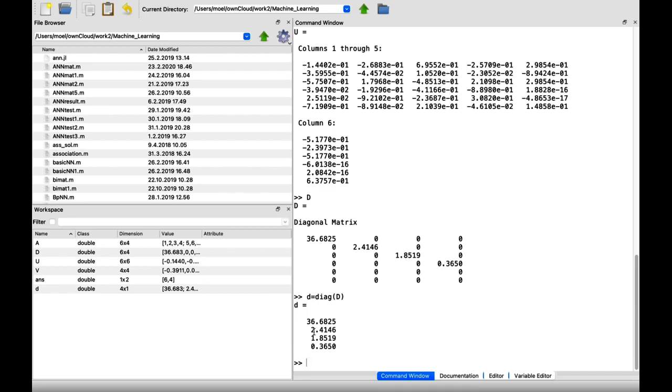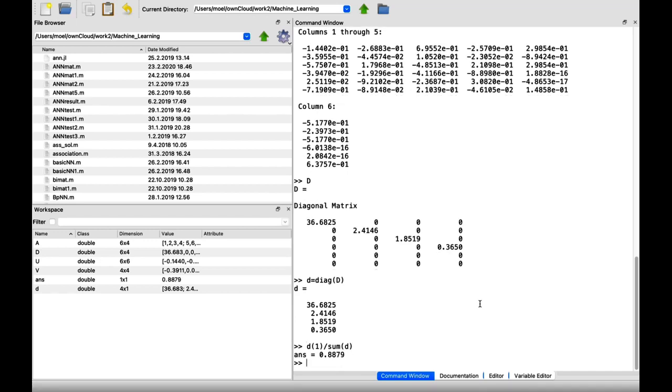Most of the information. Actually, if we take, for example, d1 divided by the sum of d, it will give us the percentage of d1. If we divide it over all d, you can see that it is almost 88.79.